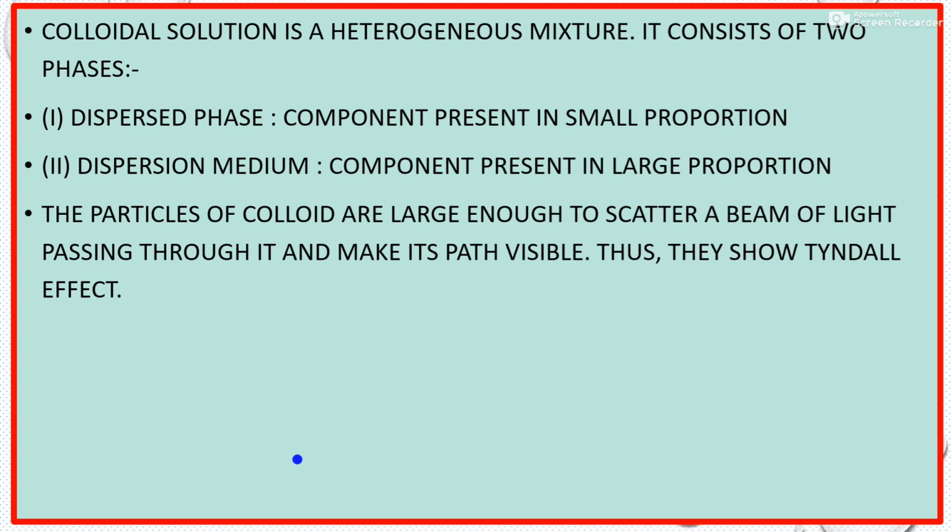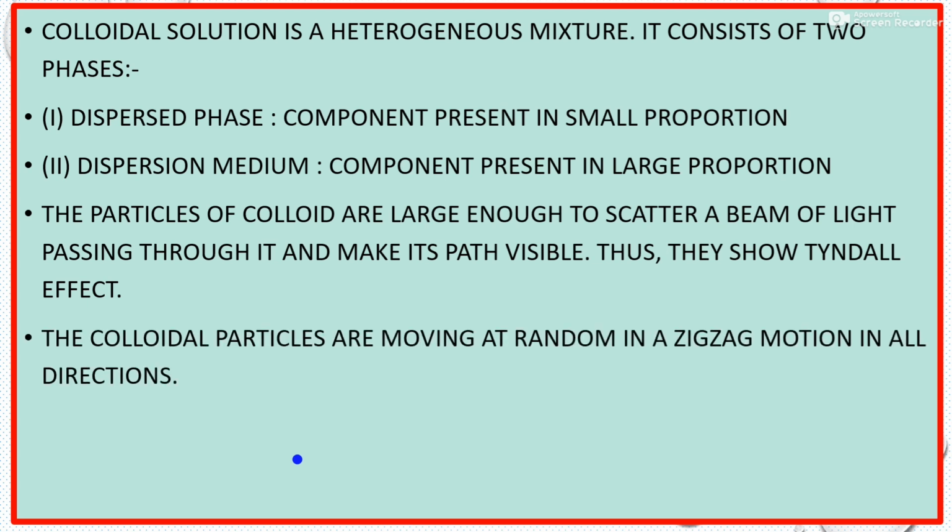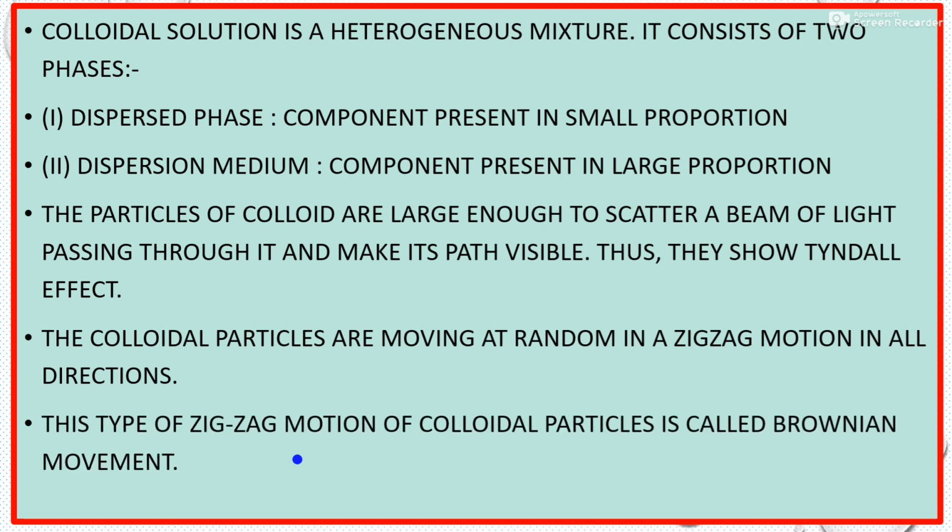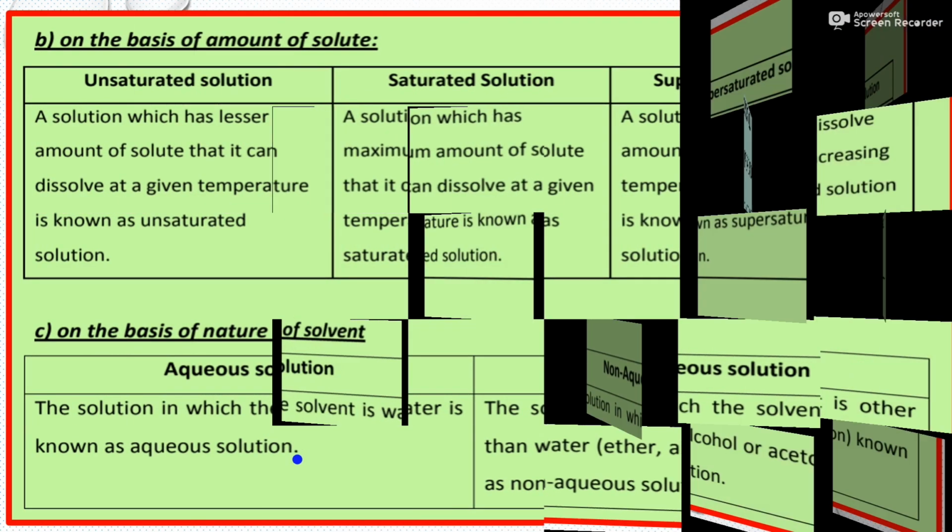So here it will show the Tyndall effect. Next, the colloidal particles move at random in a zigzag motion in all directions. This zigzag motion of colloidal particles is called Brownian movement.